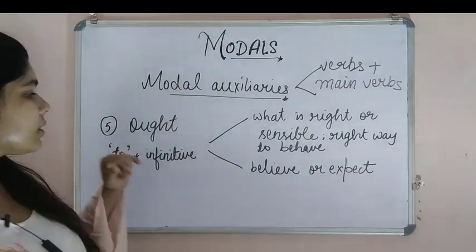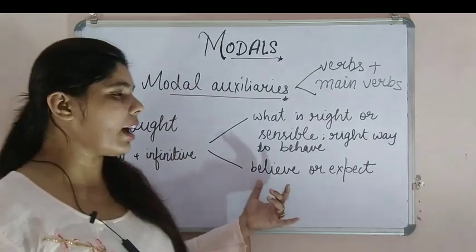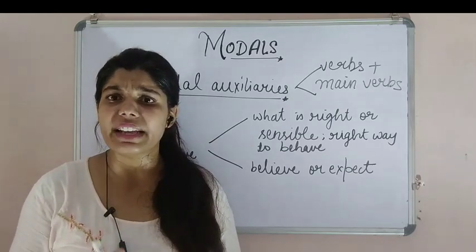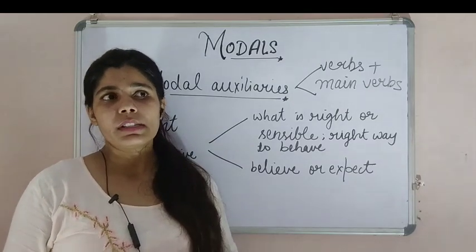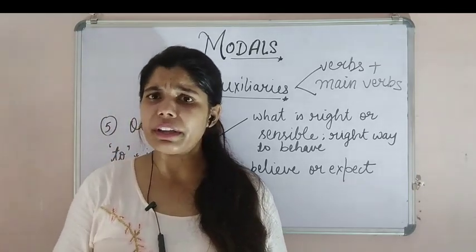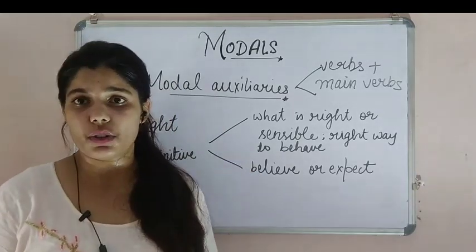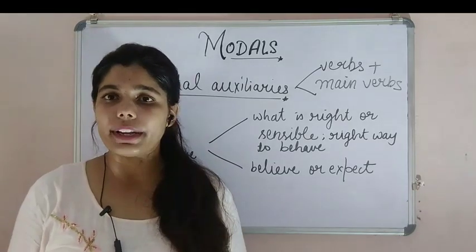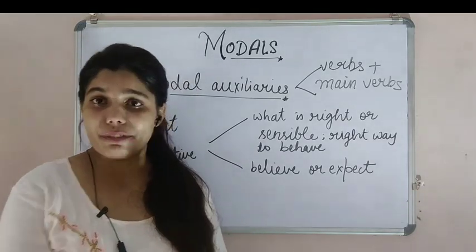Secondly, ought to is also used when we are having a strong belief or strongly expecting something to happen. Suppose I say that the Indian cricket team ought to win. So here we are having that strong expectation, that strong belief that definitely my Indian cricket team will win.